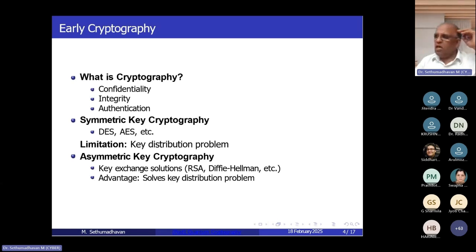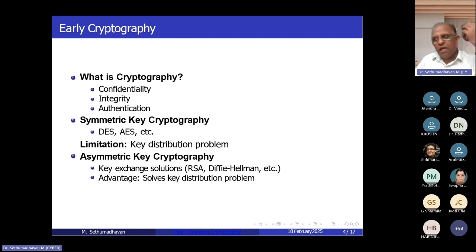If you look at the World War period, initially there was only one crypto system, the symmetric crypto system. Around 1977, in fact, it initially came as the Diffie-Hellman key exchange protocol. Diffie and Hellman together developed the key exchange protocol.